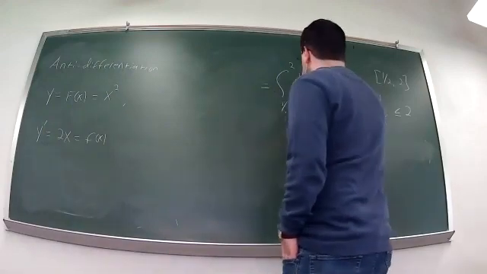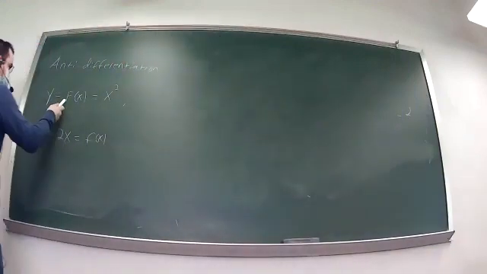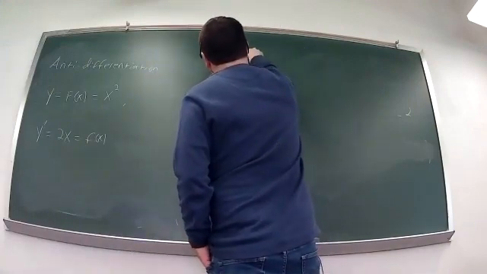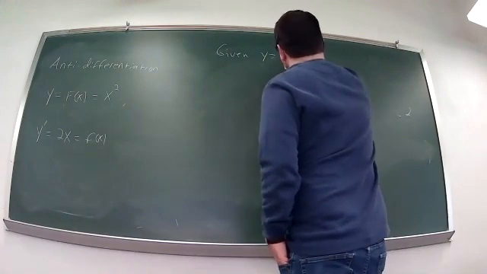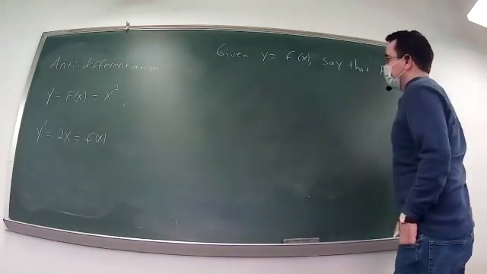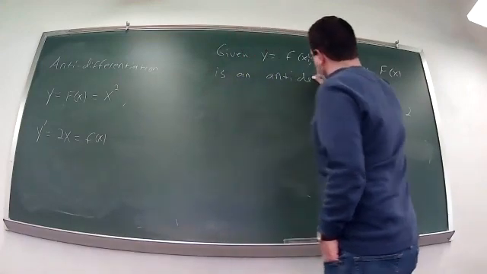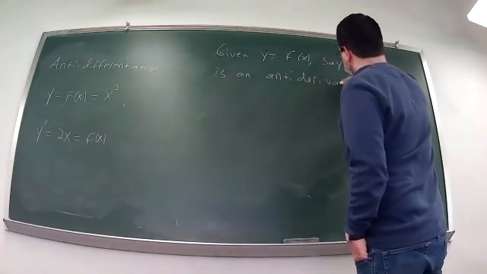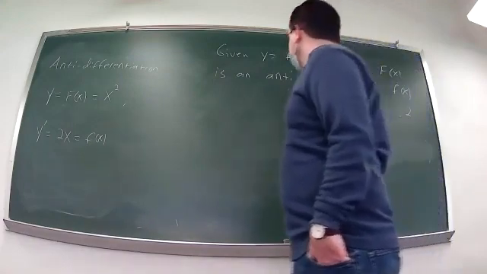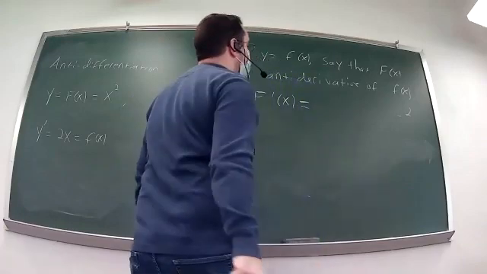You can say, given a function, can I find a capital F of x whose derivative is what I started with? So given y equals f of x, say that capital F is an antiderivative of little f if its derivative is equal to f.